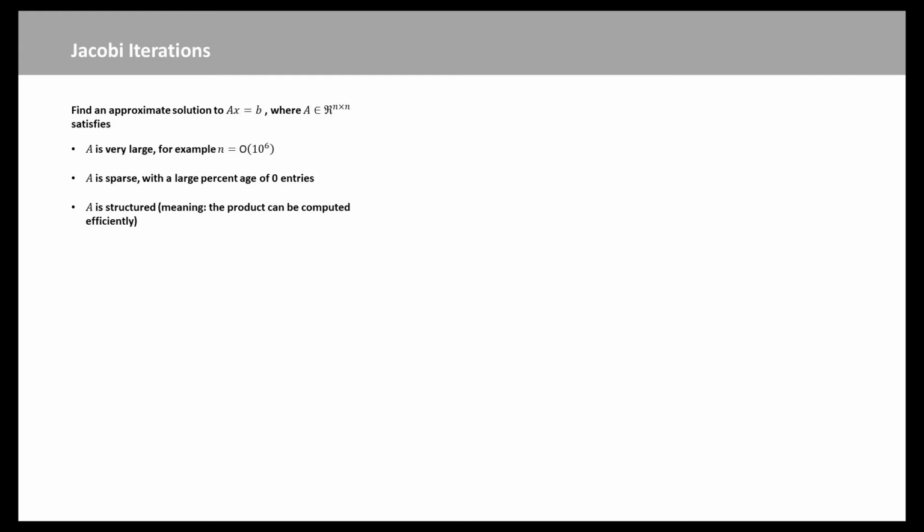And finally, very often, but not necessarily, it could be structured, meaning that we know exactly where the non-zeros are and what they are. It has a clear structure, and this type of matrix will come very often in the discretization of numerical methods for differential equations, for example.